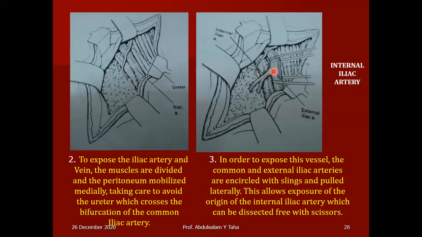And then, if we want to isolate the internal iliac artery, we have to do a sharp dissection and put a sling around the common iliac artery and around the external artery, and by traction on these slings, we can isolate the origin of the internal iliac artery.